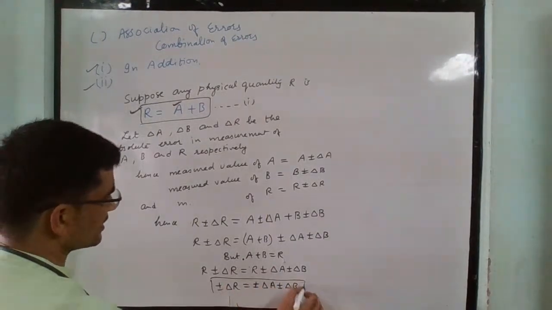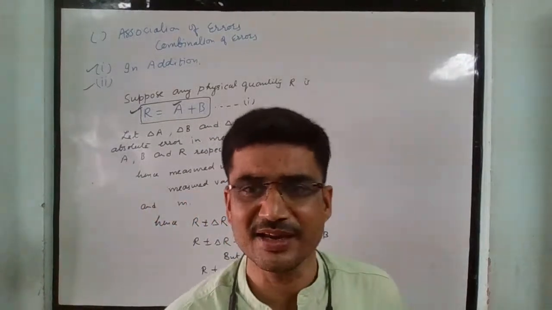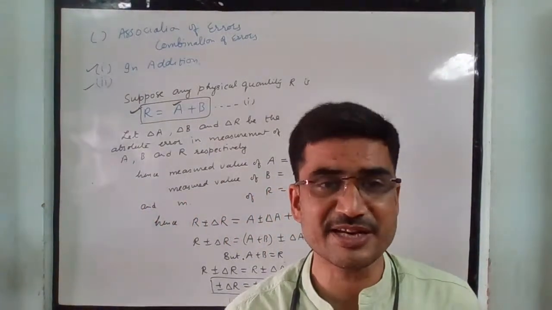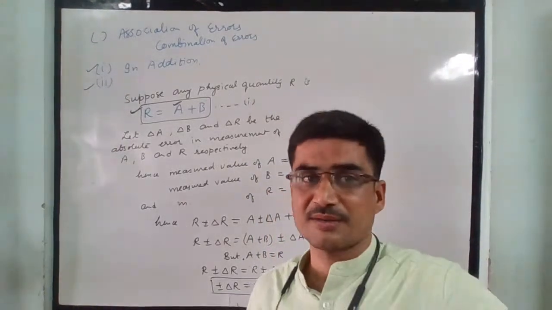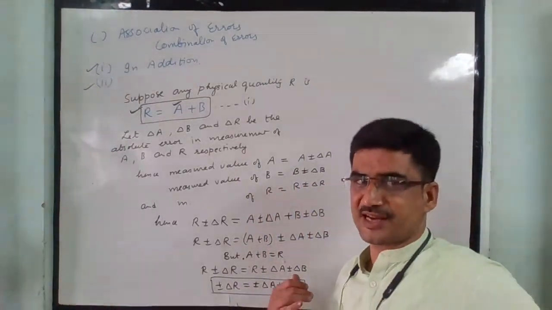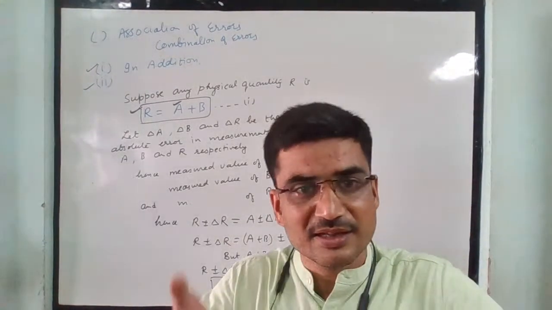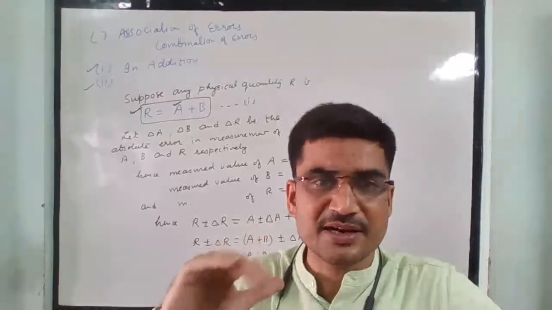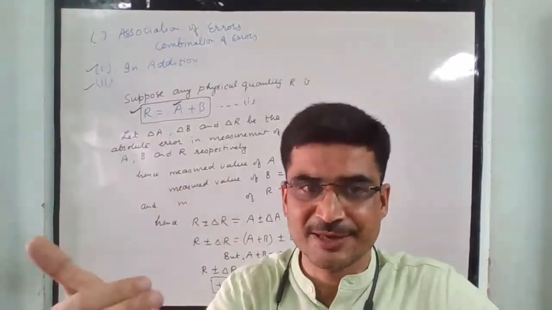So this is the result, but we won't take a negative sign here. Why? We are just estimating what error can occur. Maybe it is plus, maybe minus, but generally we indicate the associated error on the higher side. We try to take the error on the higher side.